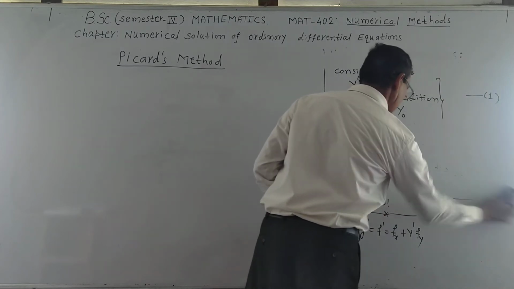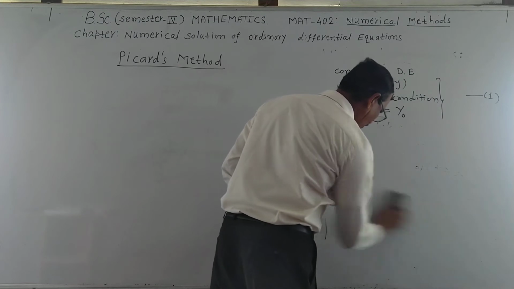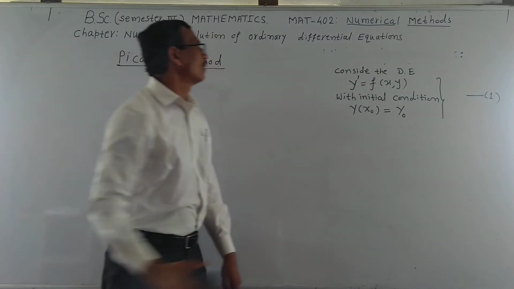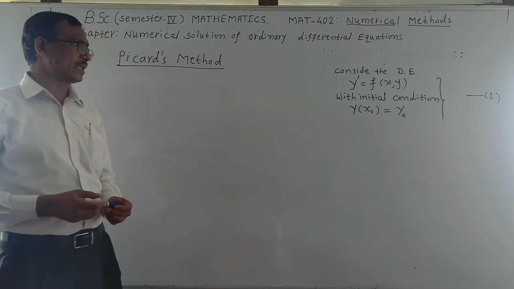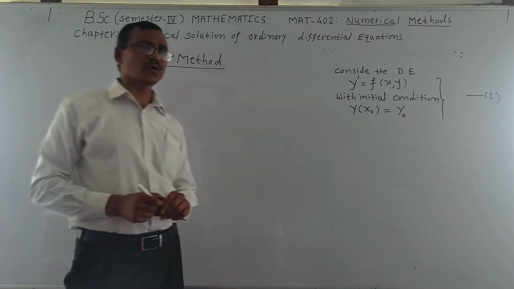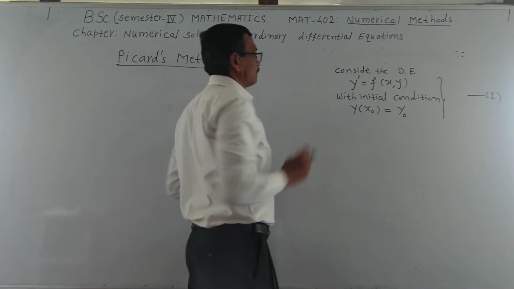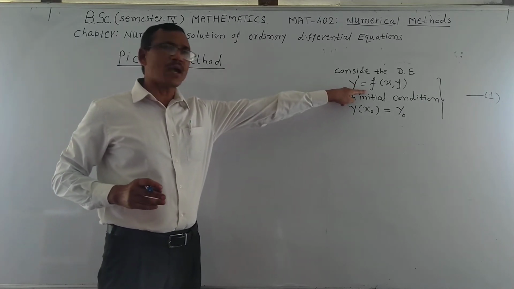Again, we shall consider the differential equation, no doubt it is a first order differential equation. y dash is equal to f of x, y with initial condition y of x0 is equal to y0. Now y dash is equal to f of x, y.